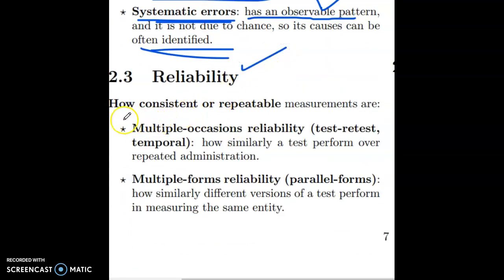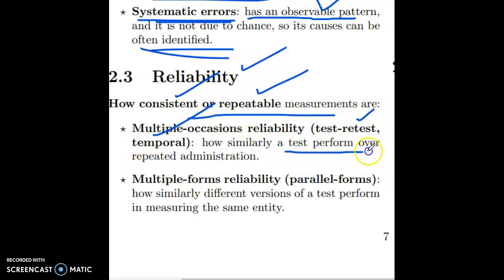Reliability: how consistent or repeatable measurements are. Multiple occasions, test-retest reliability, temporal: how similarly a test performs over repeated administration.